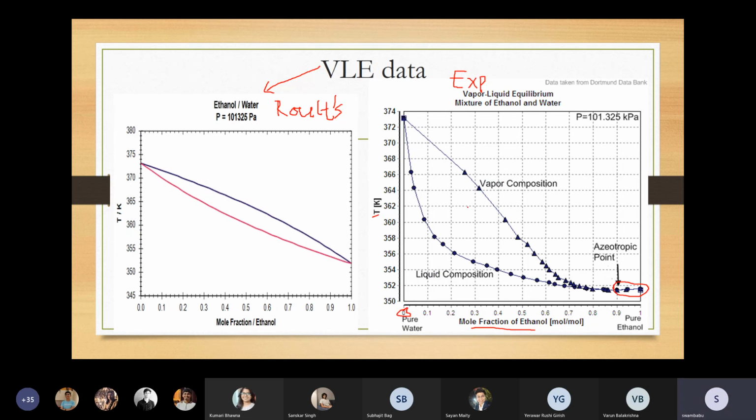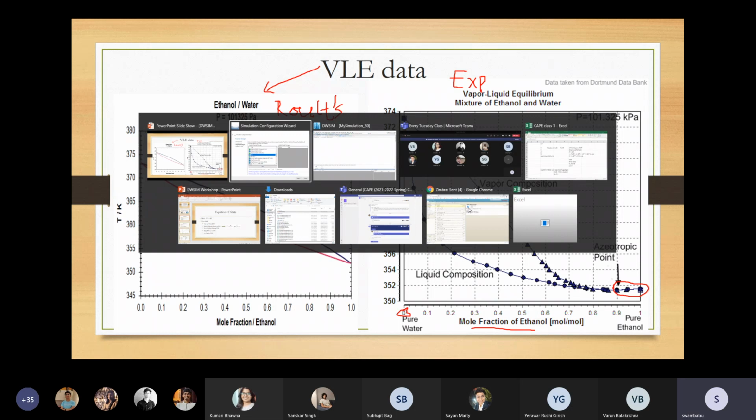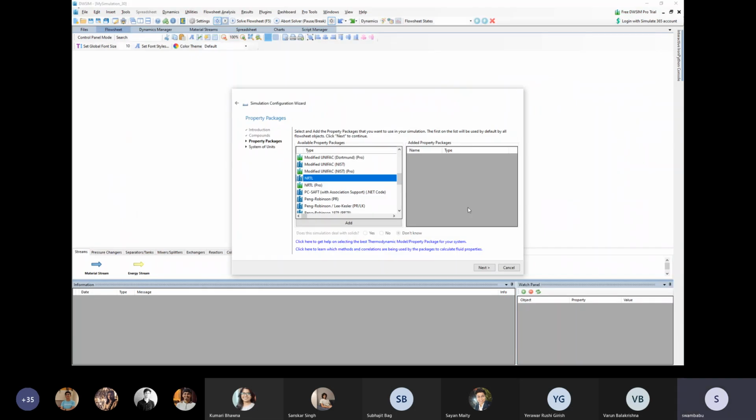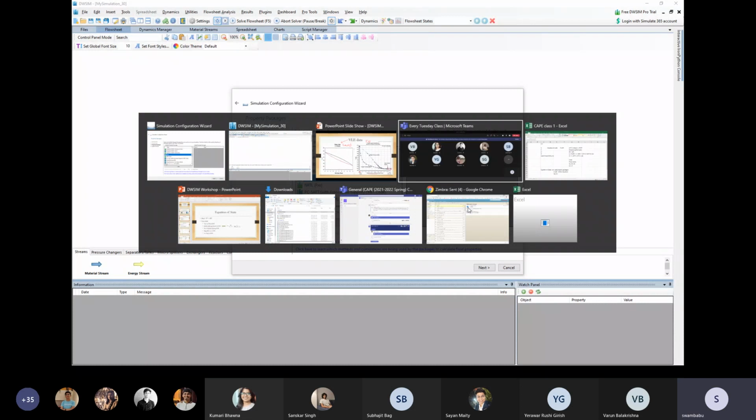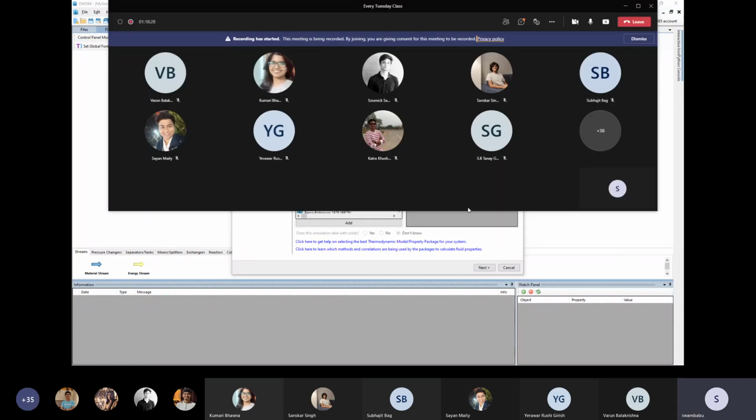So let's go to DWSIM. Since I have selected ethanol and water, what property package should I select? Can someone from the student side answer? Now we have selected ethanol and water. Both are liquids.